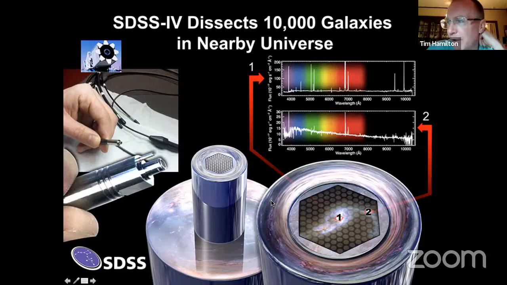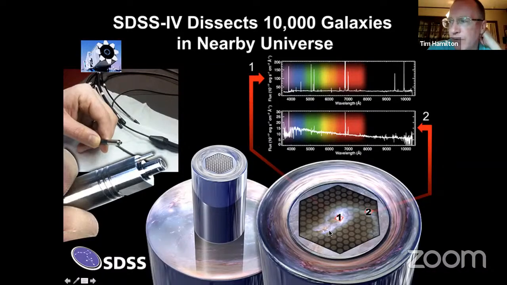If we zoom in on that, we imagine it in the image plane, the focal plane of the telescope, then perhaps you would have a spiral galaxy focused onto the tip of this plug. That galaxy then would cover, I believe it may be, 127 individual fibers from one end to the other.